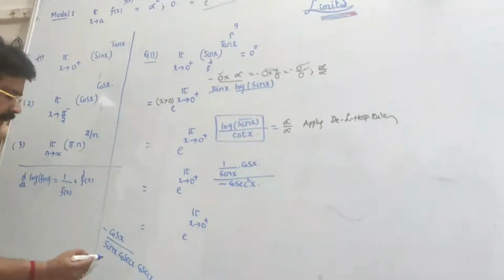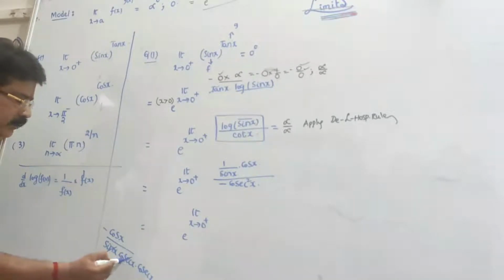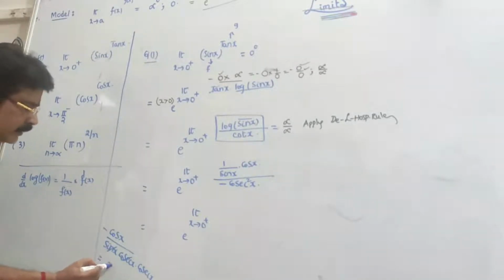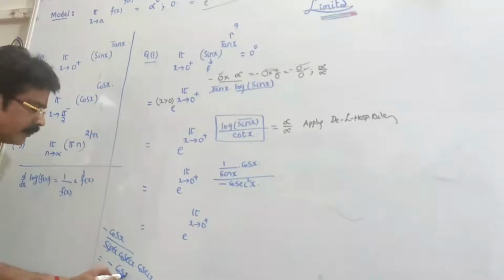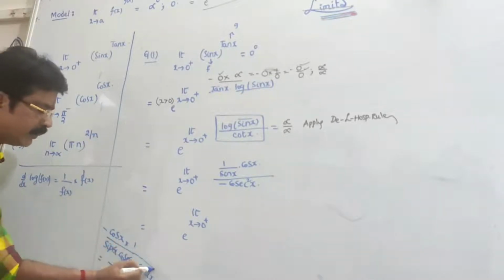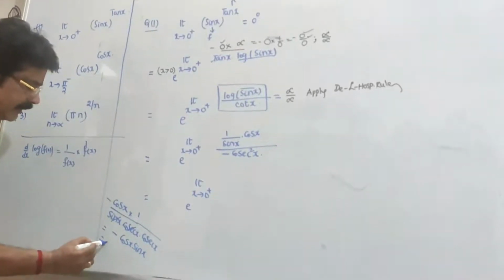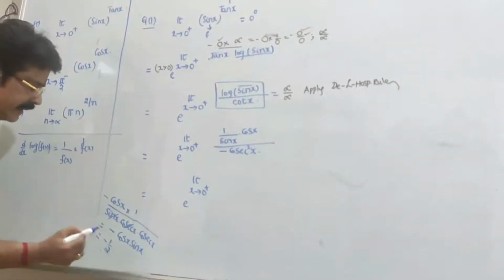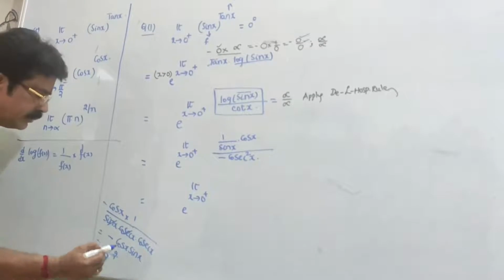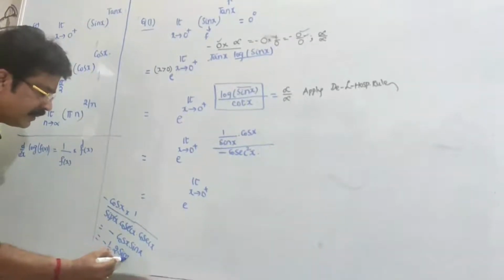Minus same. So sin theta into cosecant theta is equal to 1. So this is minus cos x into, 1 by cosecant means sin x.